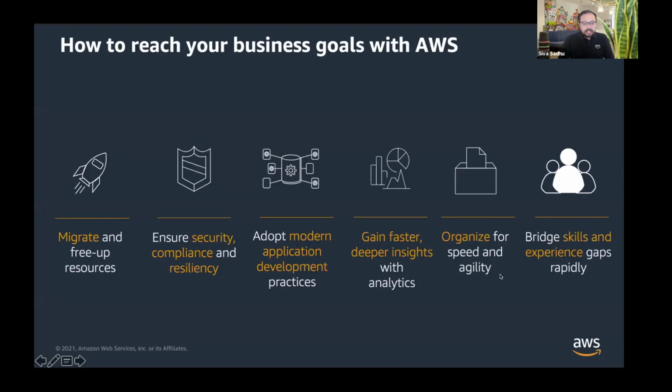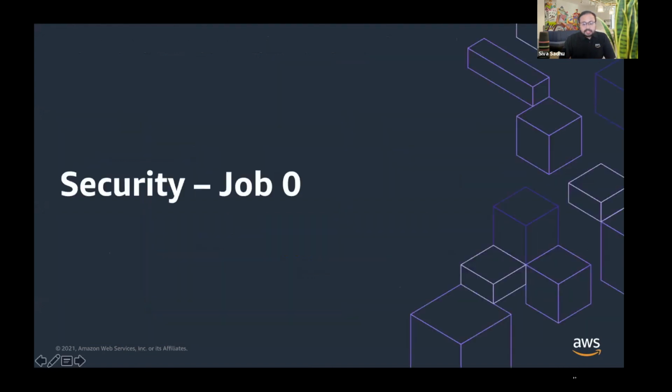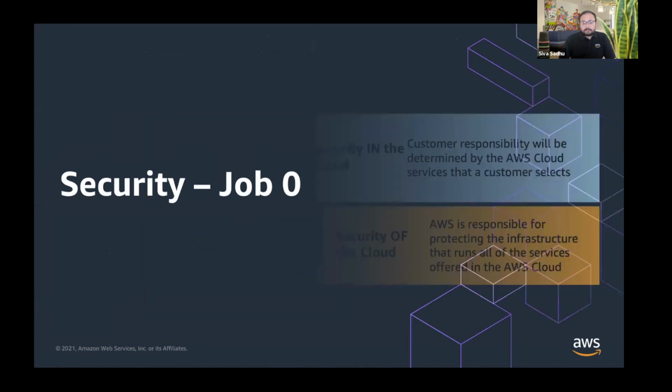So let's look at the multiple steps towards achieving your intended business outcomes with AWS. Today, I will focus on ensuring security and adopting modern application development. As we always say, security is job zero at AWS.